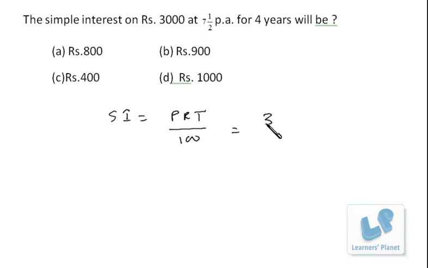So P here is 10,000. Rate of interest is 7.5, or I can say 15 by 2%. And T is 4 years. Okay, so it's very simple, we can calculate it. 15 twos are 30 and 30 into 30.